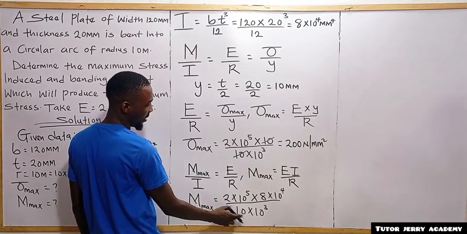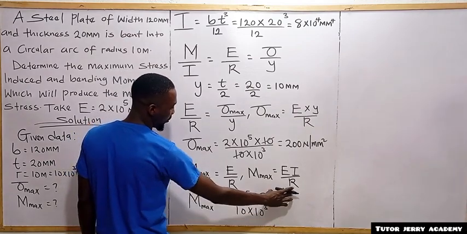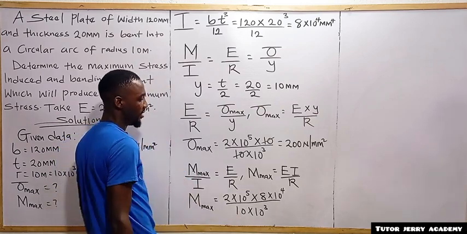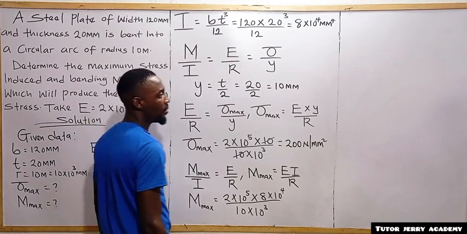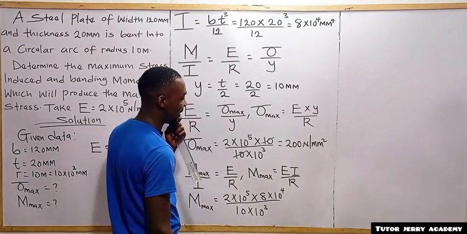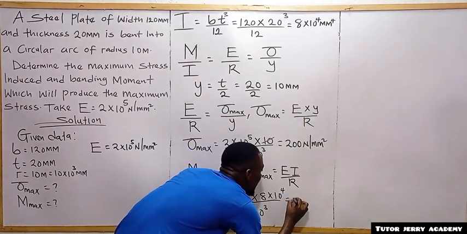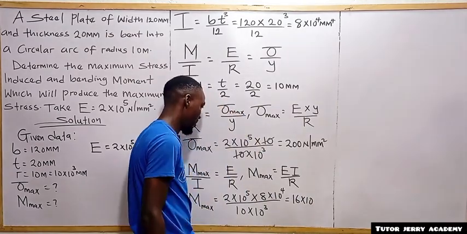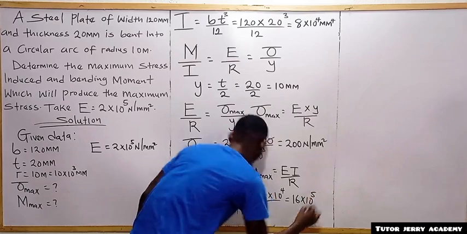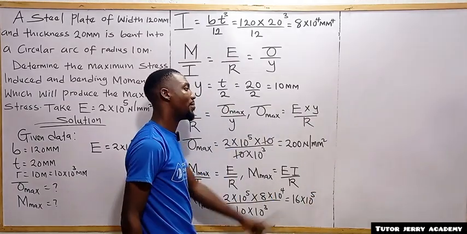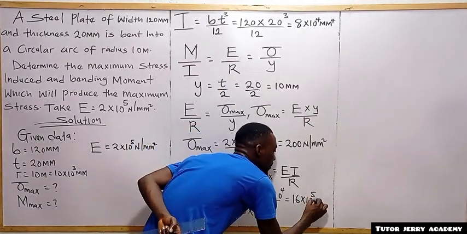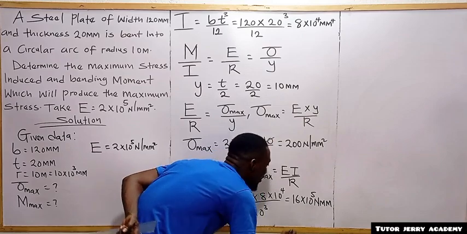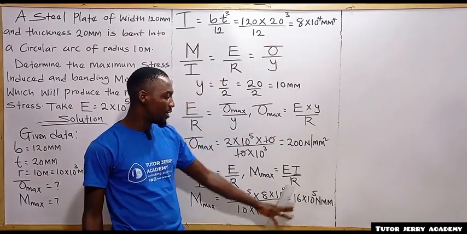So this 10 times 10 to the power of 3 is 10 to the power of 4, which we cancel out. 2 times 8 is 16. So the answer here is going to be 16 times 10 to the power of 5, right? Yeah, 5. Alright. Because it is a maximum bending moment, it's going to be Newton millimeter. Furthermore, you can take this value to be in meter.